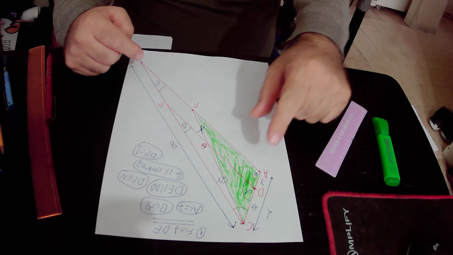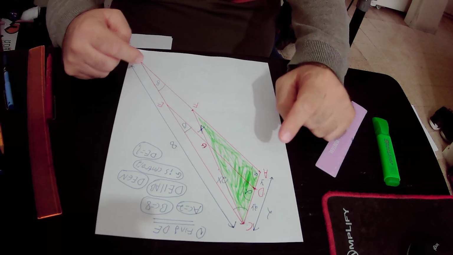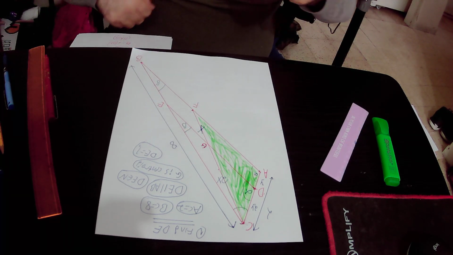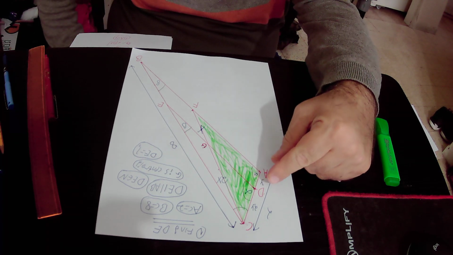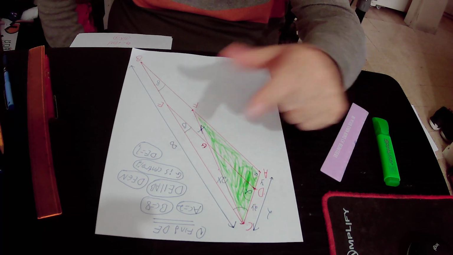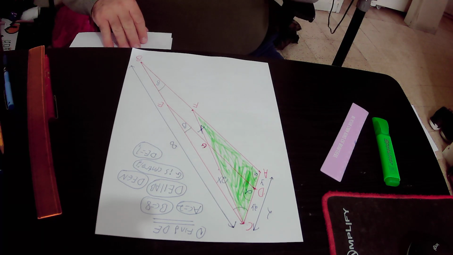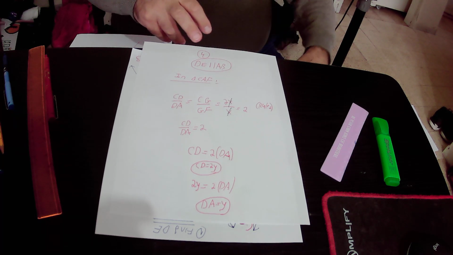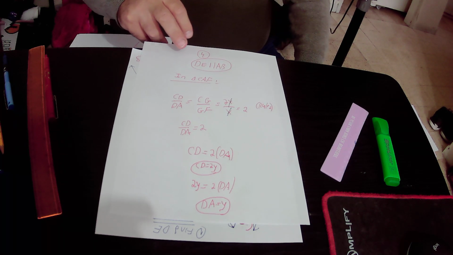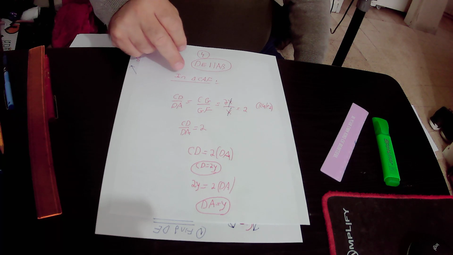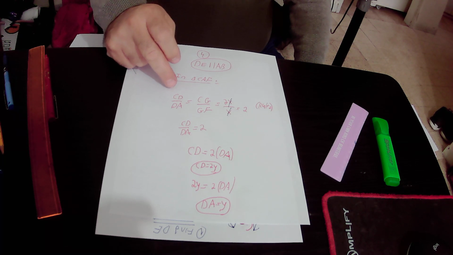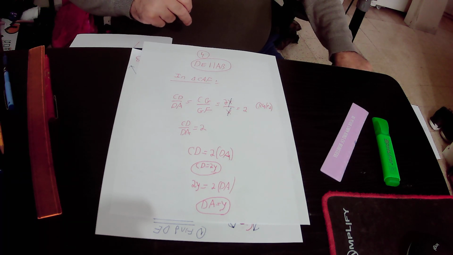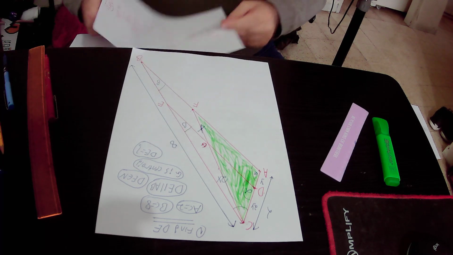Therefore, if we relate to the green triangle, in the green triangle we know that DE is parallel to AB, so according to rule number 2, CD over DA will be equal to CG over GF.